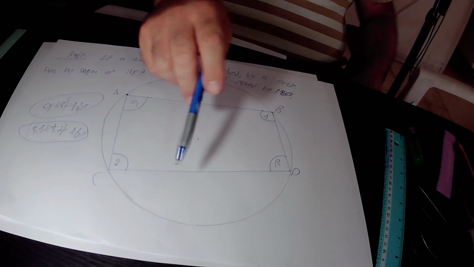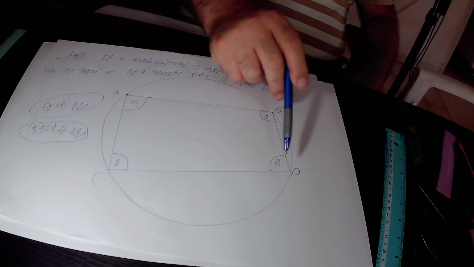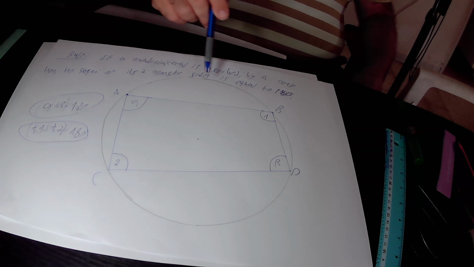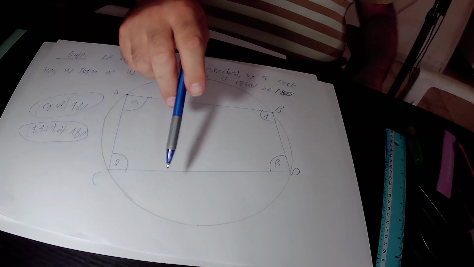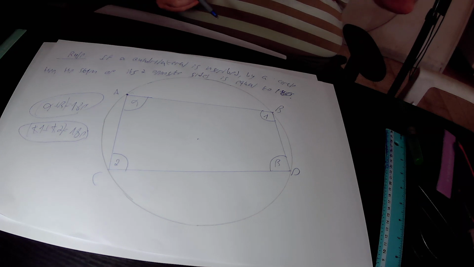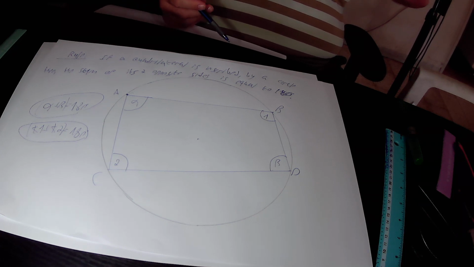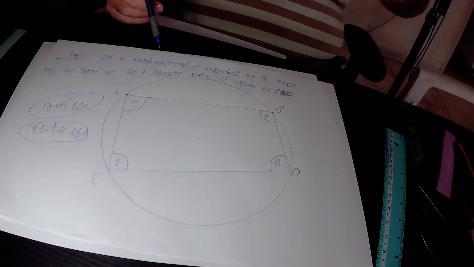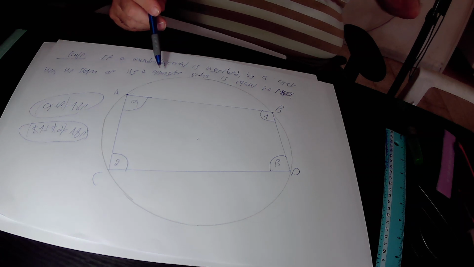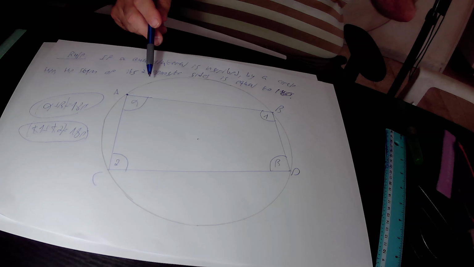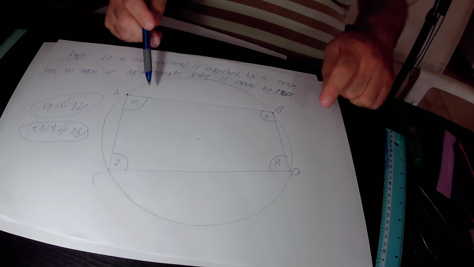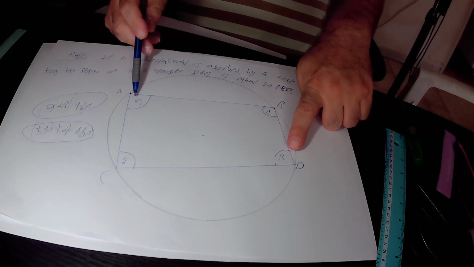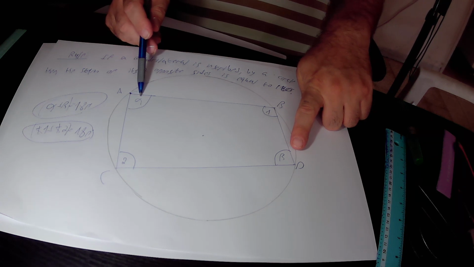So in the moment we have a circle, and this is quadrangle ABCD. This quadrangle ABCD is inscribed by a circle, and therefore according to this rule, the size of its two opposite angles must be equal to 180 degrees.